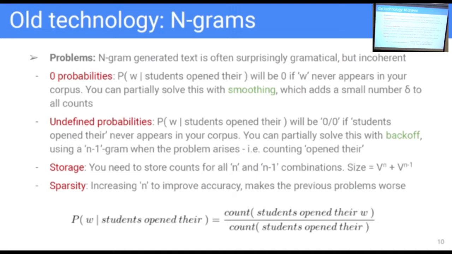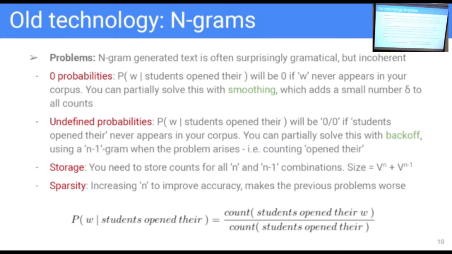If the combination of students open their W never appears in your corpus, that probability is going to be 0. But that doesn't mean that as you keep seeing more text in your testing phase, that combination will never appear.